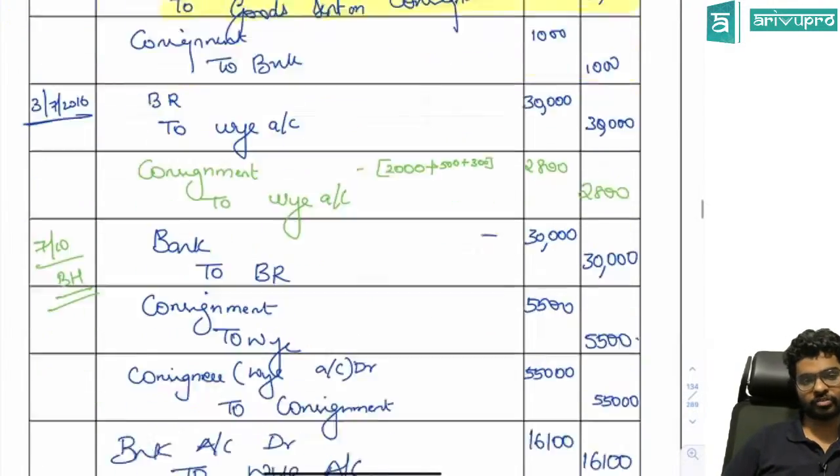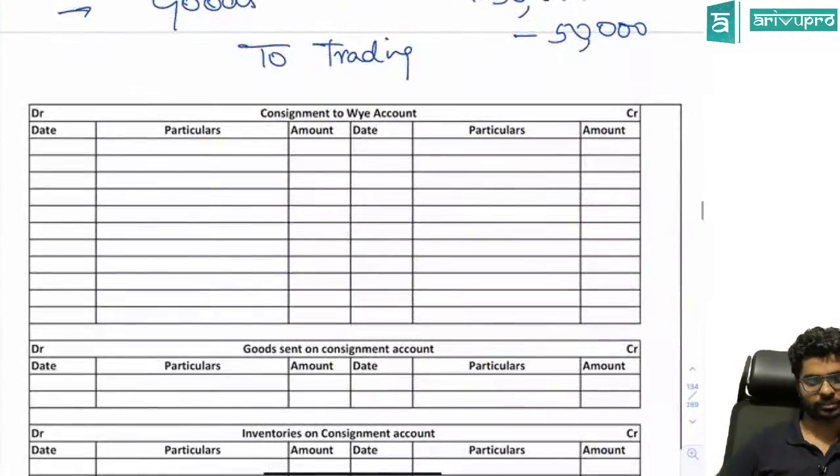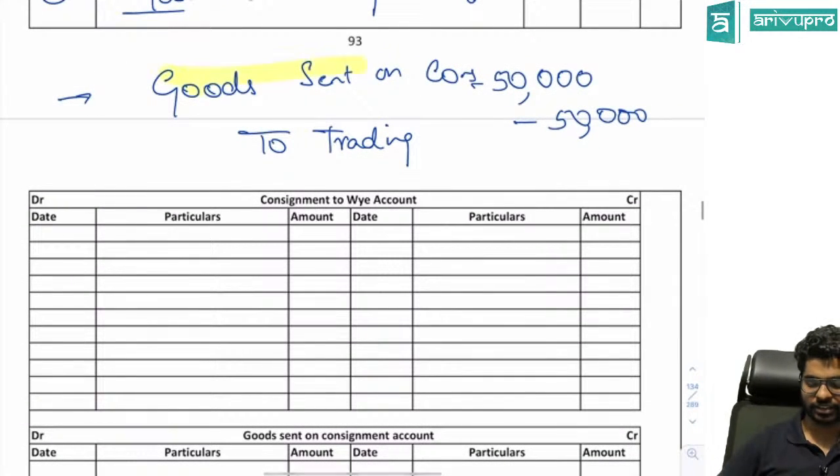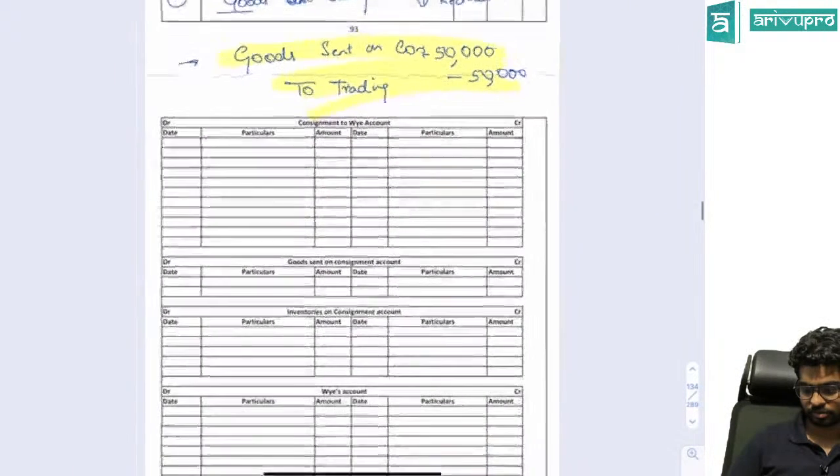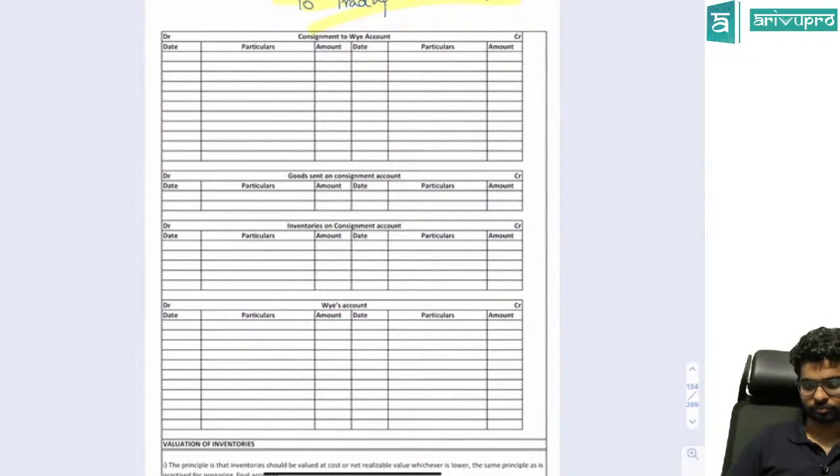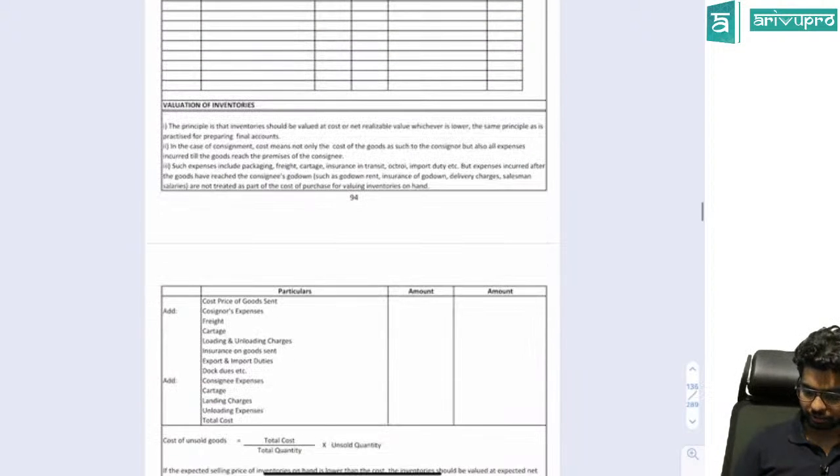This is the end of the year entry. This is not mandatory, but it is recommended, if you can write this. Done?